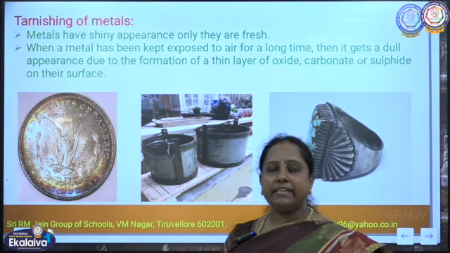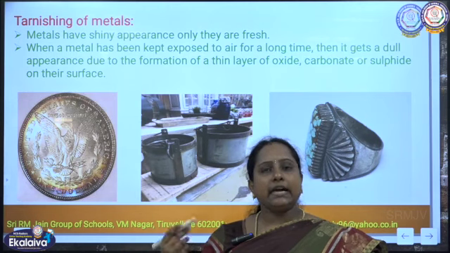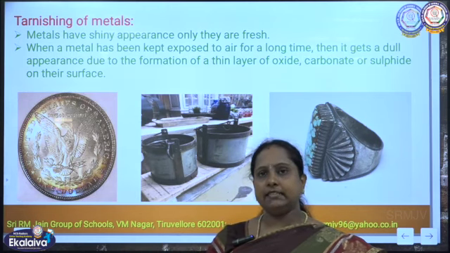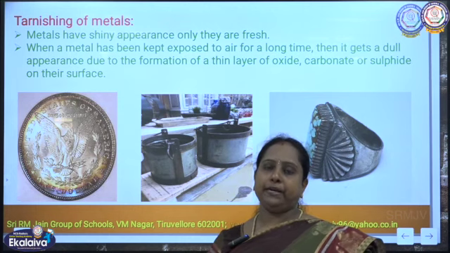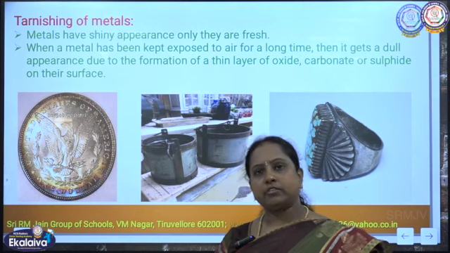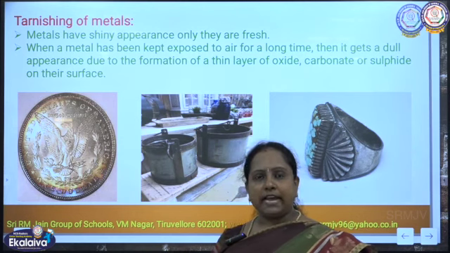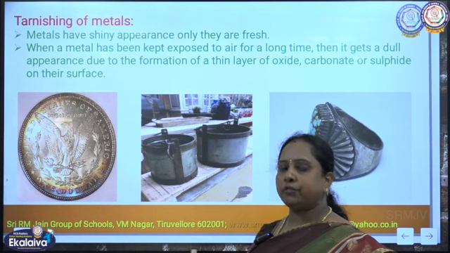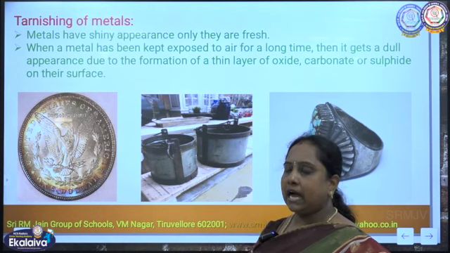When metals are exposed to gases or other agents like acid, water or moisture from the atmosphere, gases like oxygen, sulfur or carbon dioxide, getting in contact with the metal surface, the shiny appearance gets tarnished.